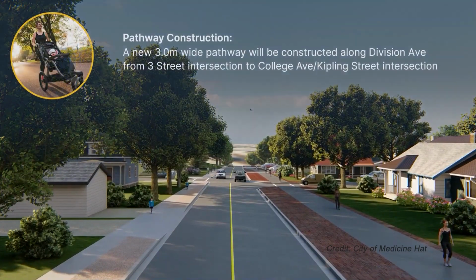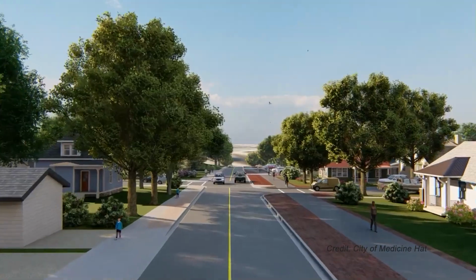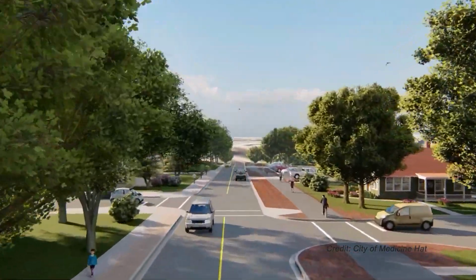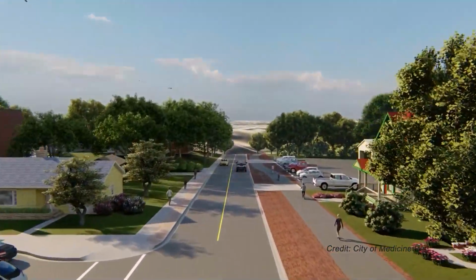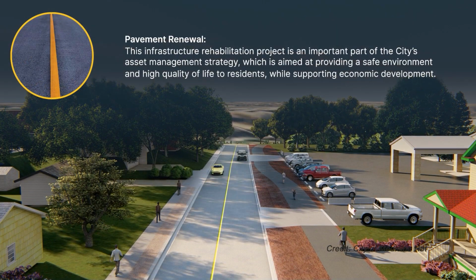So complete streets is basically a terminology that's used for changing the road cross section to accommodate all modes of transportation, not just the vehicular traffic, but also walking, biking, skateboarding, all modes of transportation included in the same corridor. So that's the principle that we are using to upgrade this particular corridor.